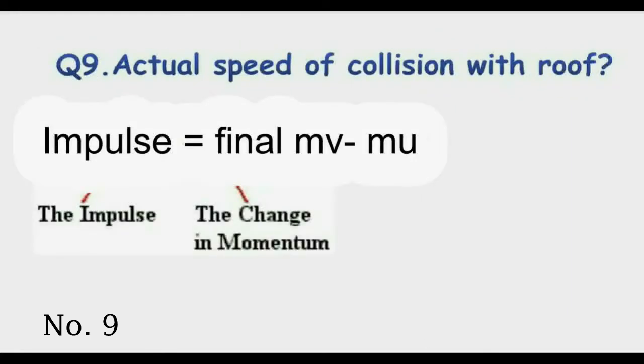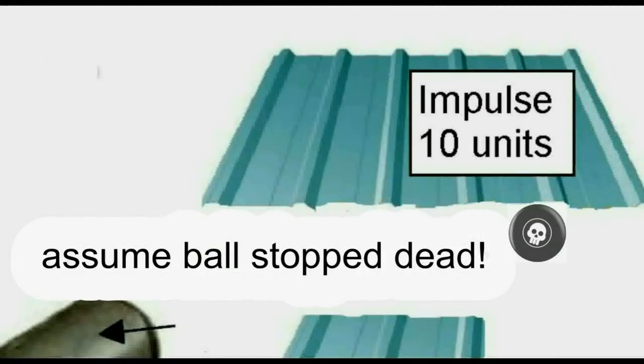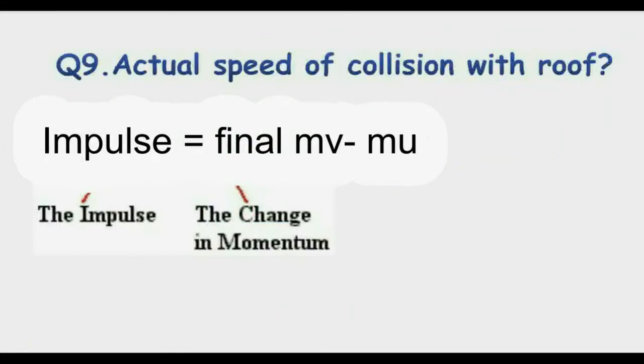Now we are working with momentum here, because what we've got is an impulse figure of 10 units. Now the ball presumably will stop dead once it makes contact with the roof, so our final momentum will be 0, and the initial momentum just before the roof would be equal to an impulse of 10.